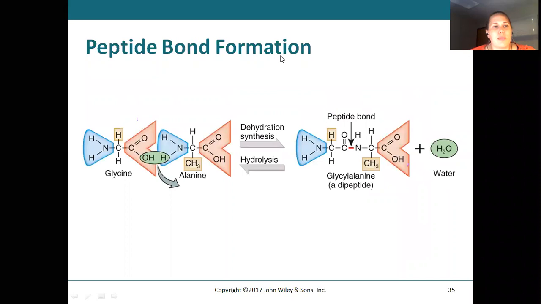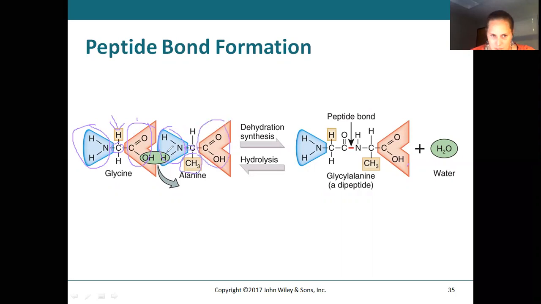Okay, so drawing the peptide bond. Like I said before, you've got your amino group, you have your carbon, and whatever side chain you'd like. In this case, it's an H, so this is glycine. You've got your carboxyl here, and here's your amino group, your carbon, your side chain, in this case for alanine, and then your carboxyl group.